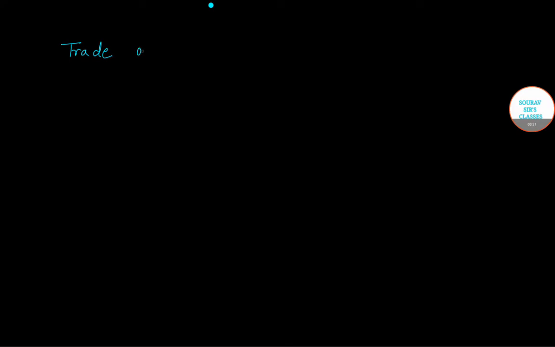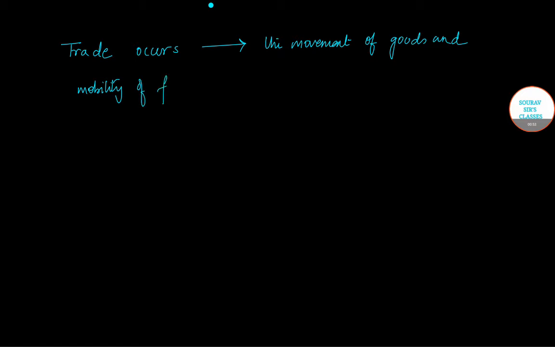Now trade occurs in the world where the movement of goods and the mobility of factors are more or less termed as imperfect.